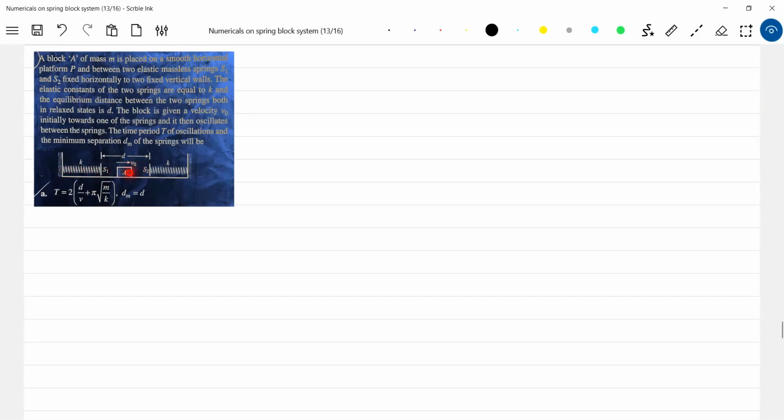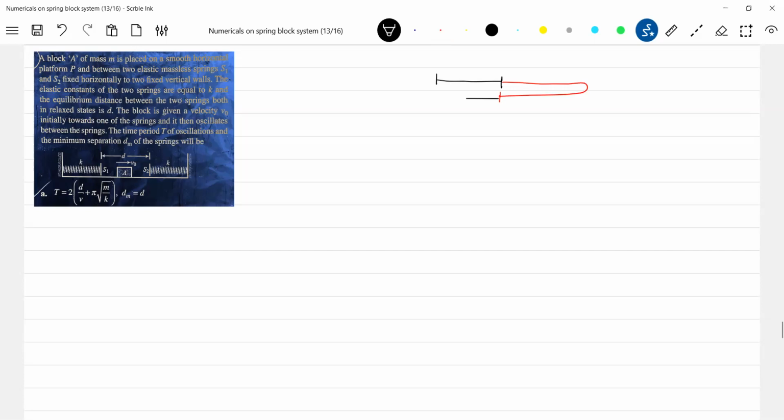So what is the overall time? The total time period should be equal to, we'll start like this: it will compress the spring, then return.